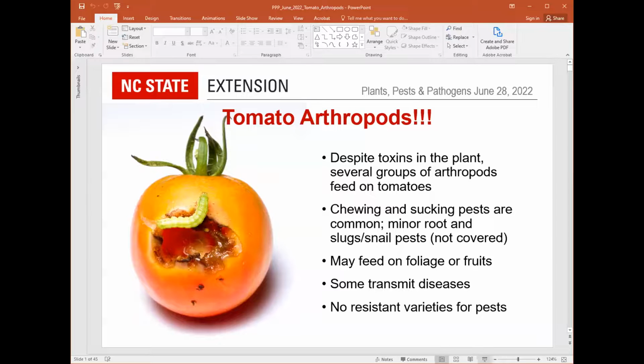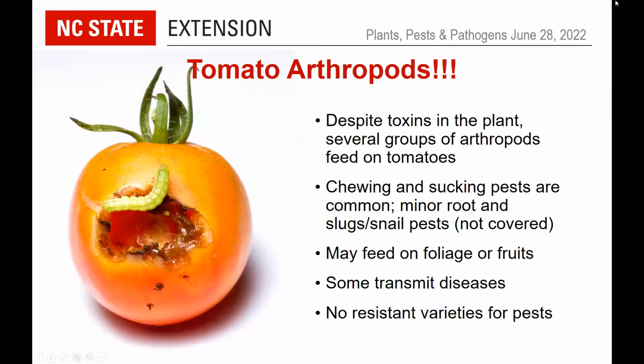All right, hopefully everyone can see my screen now. Thanks everyone for attending today. And I'm going to, of course, be talking to you about arthropods, or the little critters that feed on tomatoes. Now, despite, of course, toxins in tomato plants, the solanaceous crops have a lot of alkaloids that are poisonous.